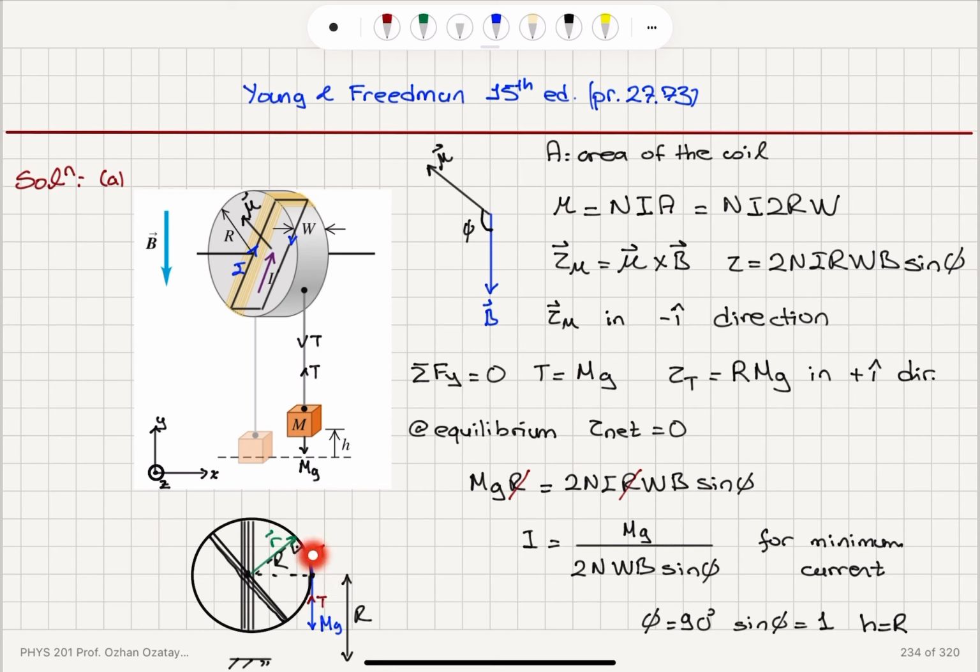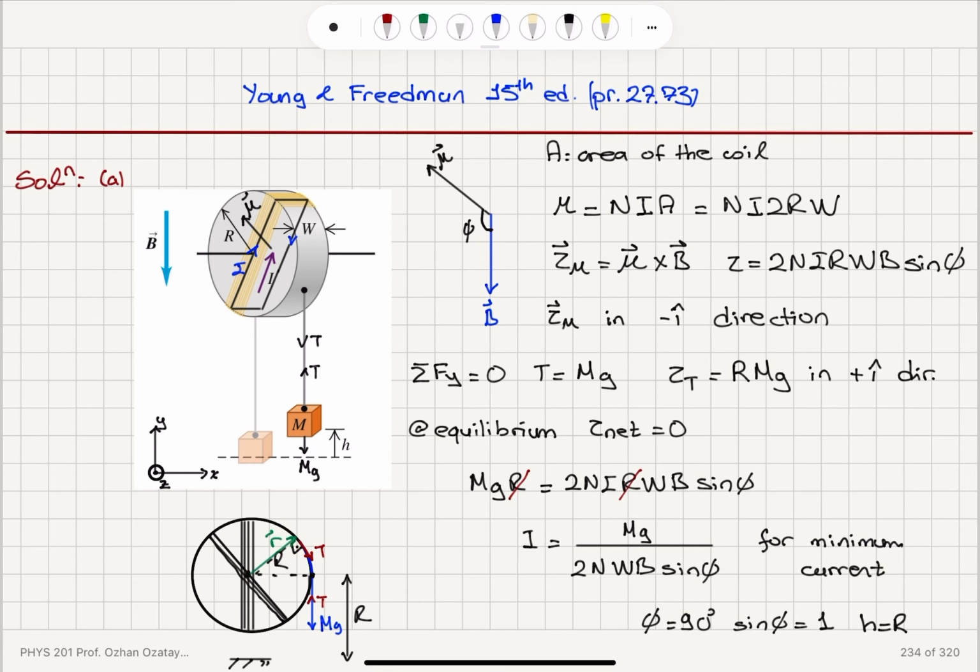the tension that will appear at this point, so there will be a decrease in the cable length, and the tension that will appear at this point will be a tangential force, so it will have the same torque mgr. So that torque mgr, due to this gravitational force or due to this tension, must be balancing the torque mu cross b.